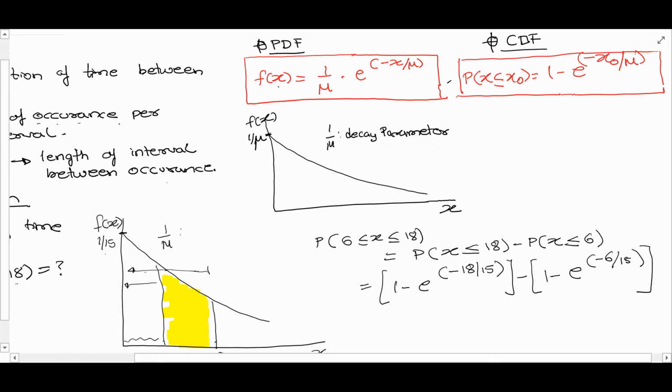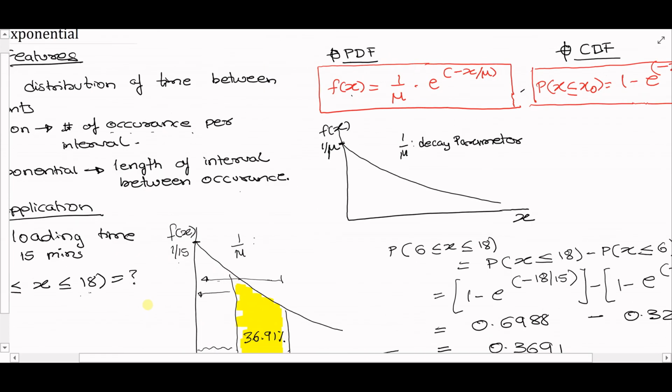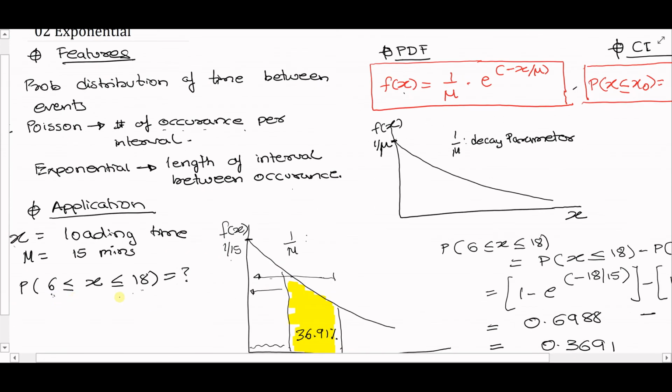And so this is equal to 0.6988, minus 0.3297, and that's equal to 0.3691. So there is a 36.91% chance that the loading time will be between 6 and 18 minutes in this example.